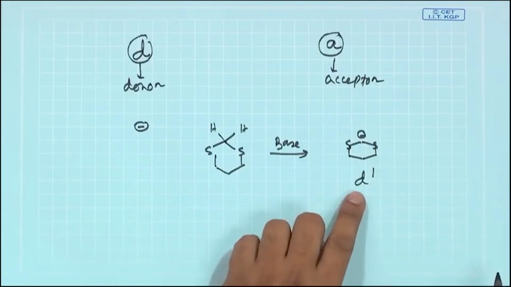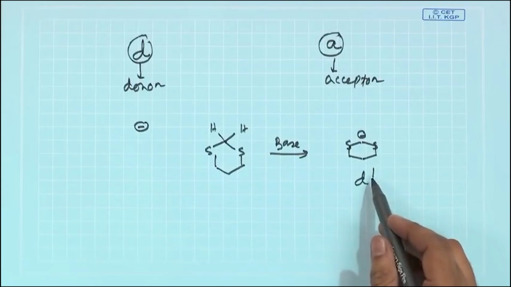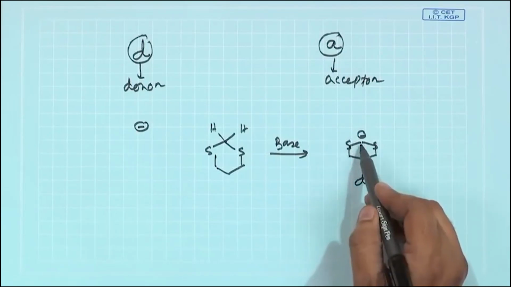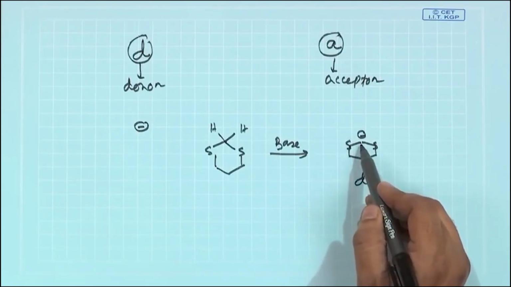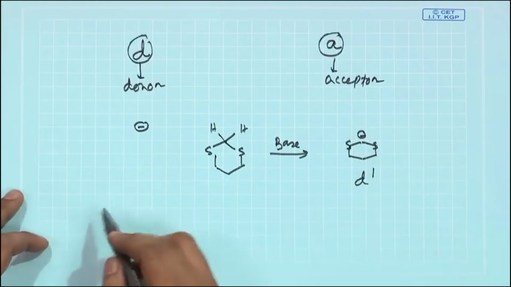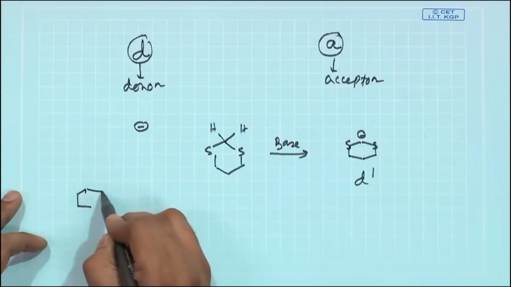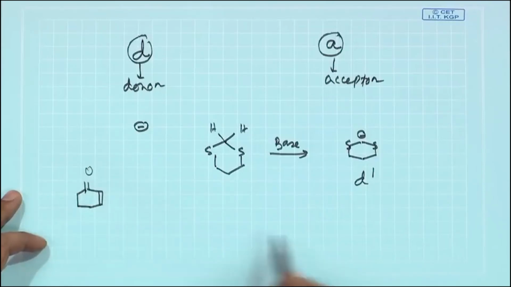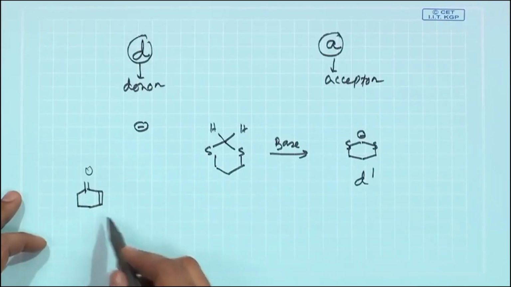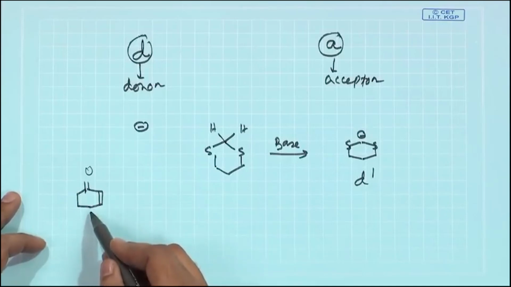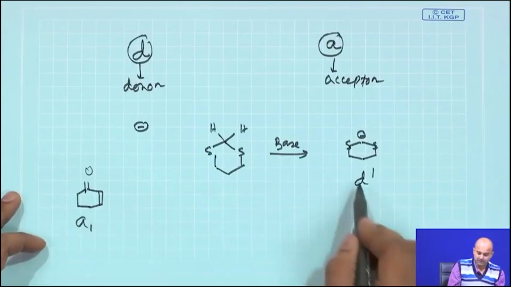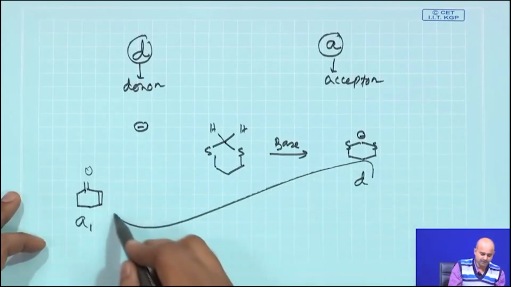D stands for donor and 1 stands for 1 carbon, it gives you 1 carbon, right. Acceptors are similar; a very well known acceptor is something like if you have a compound like this. So, this is an acceptor which can accept a donor, this is basically a Michael acceptor. So, it is an acceptor and this is a donor which can react.